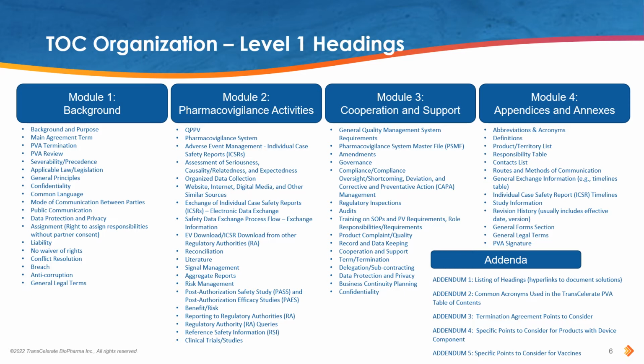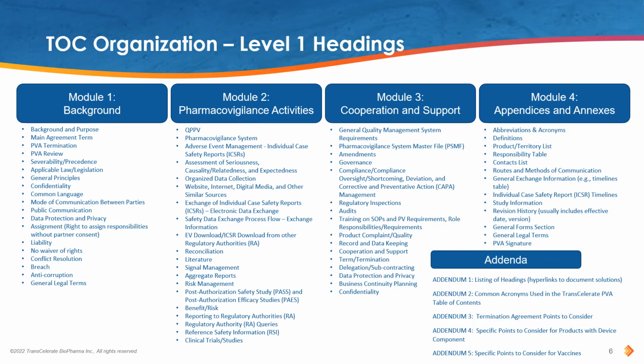Module 2, Pharmacovigilance Activities, addresses the pharmacovigilance operational activities which are required for companies to include through regulations. It is not an exhaustive list, as this may depend on and be specific to the particular agreement or product.